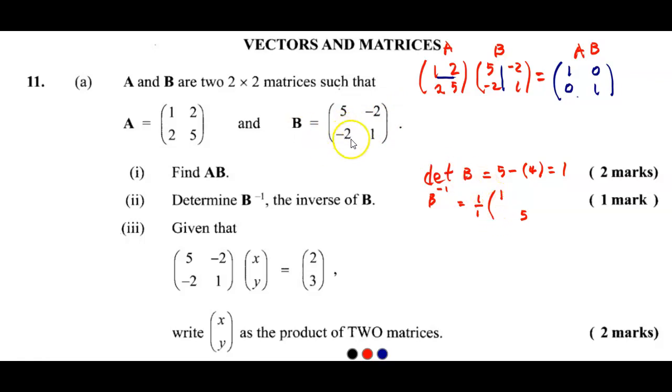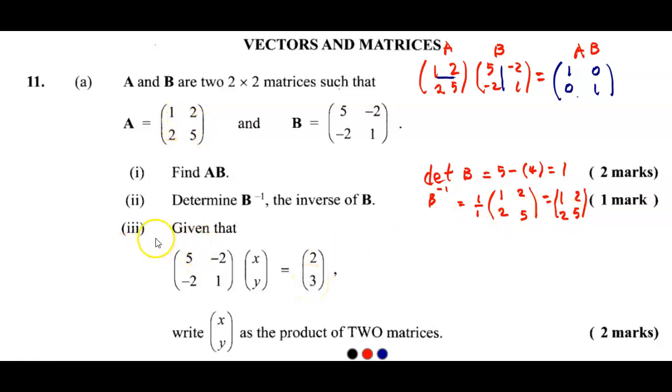So minus 1 times 2 would just give us 2, and that would be 2. So B inverse really is 1, 2, 2, 5. Let us look at the matrix A. B inverse and A is the same. Okay, so we have found that out.